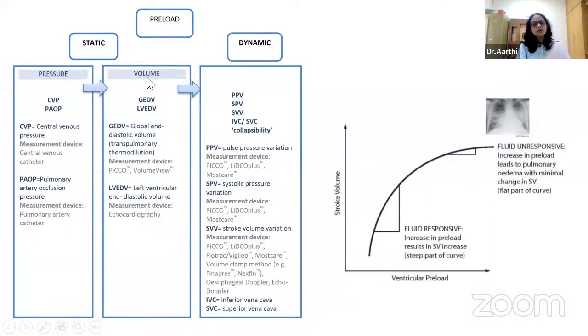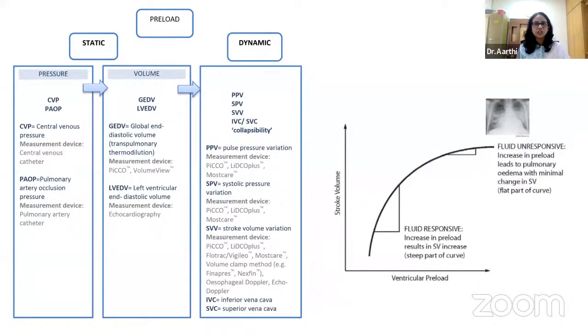Then come your dynamic parameters. Static parameters also include global end diastolic volume and left ventricular end diastolic volume. These are all the measures used to assess the static pressures. Coming to the dynamic hemodynamic monitors, they are the pulse pressure variation, the systolic pressure variation, and the stroke volume variation.